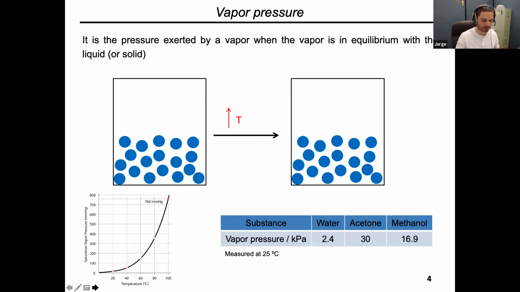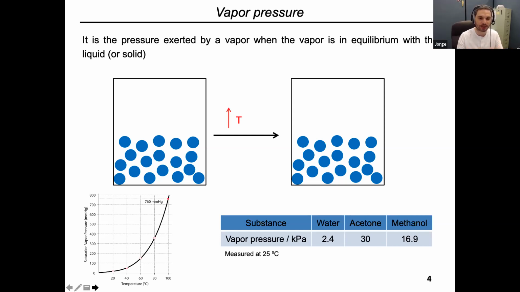So let me start with vapor pressure. Vapor pressure is defined as the pressure exerted by a vapor when the vapor is in equilibrium with the liquid or solid. So let's see how that works.